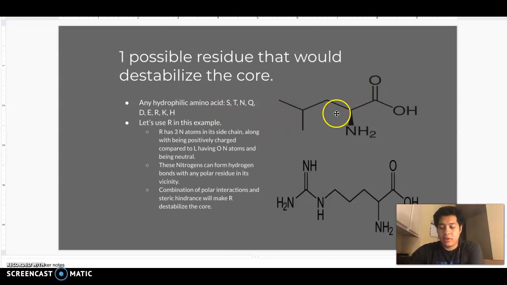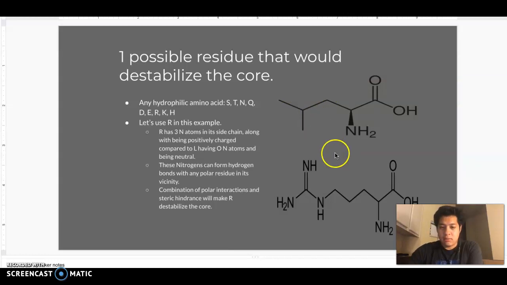Up here you can see leucine, and below here you can see the molecule for arginine. Arginine has 3 nitrogen atoms in its side chain, 1, 2, 3, along with it being positively charged, compared to leucine up here, which has 0 nitrogen atoms in its side chain, and it has a neutral charge.